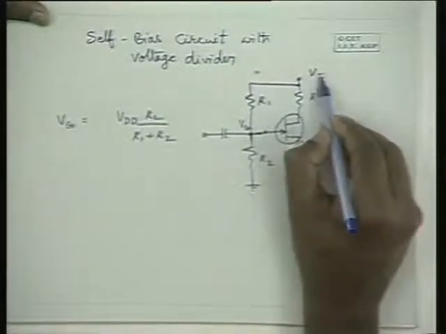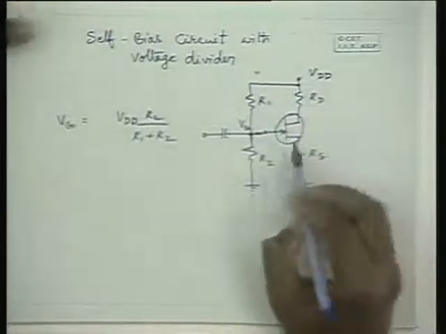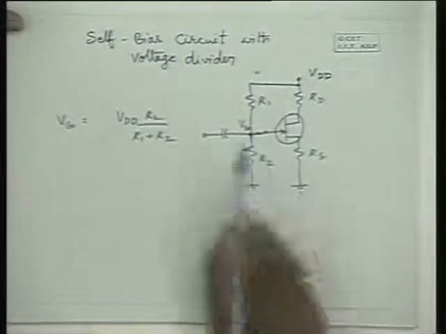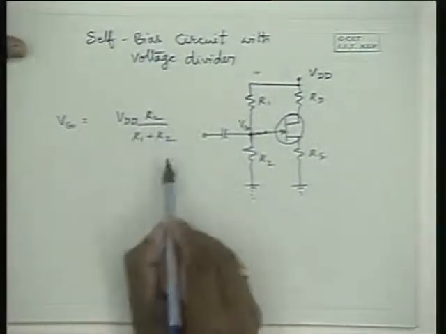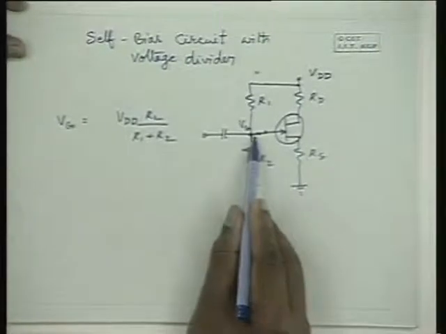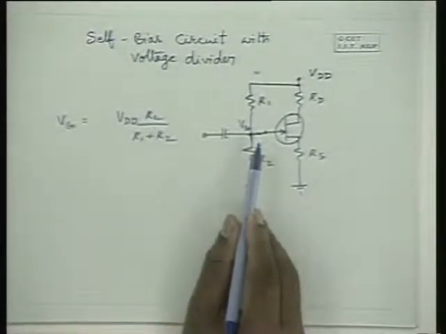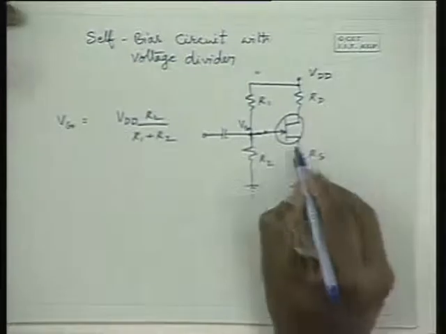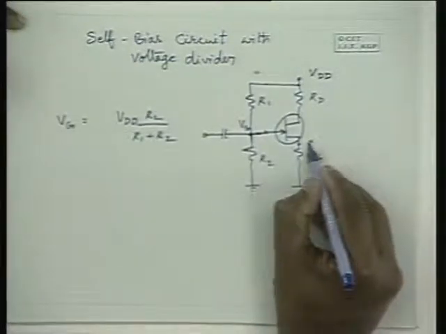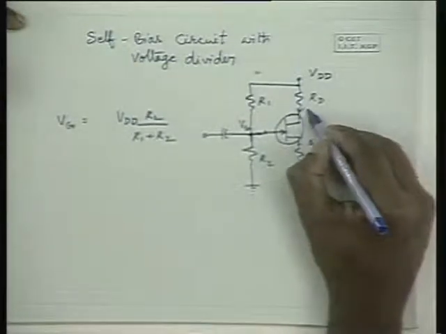Therefore, VDD is being divided between R1 and R2, and what you get here is VDD into R2 by R1 plus R2. It's not 0 like in the previous case. And what is the source potential here with ID as the drain current?